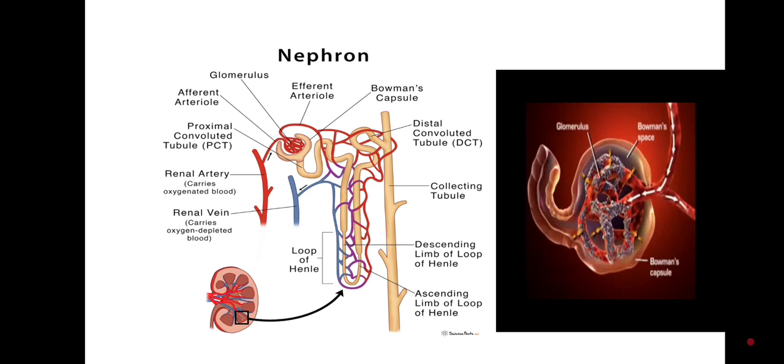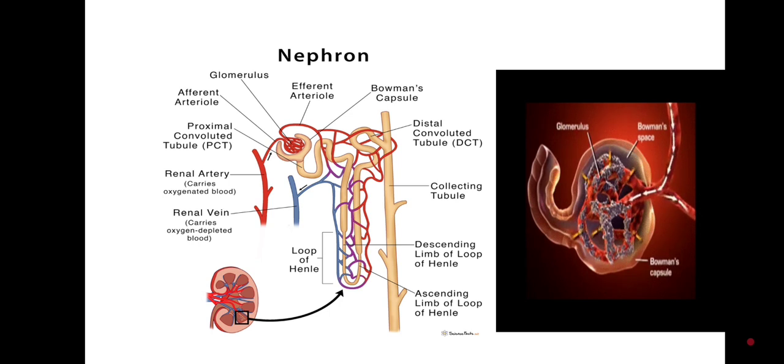Then the next part is the loop of Henle. The loop of Henle has two main parts, the descending limb and the ascending limb. You can see that clearly from the picture. The descending limb is permeable to water, allowing for water reabsorption, while the ascending limb is impermeable to water, but actively reabsorbs sodium and chloride.